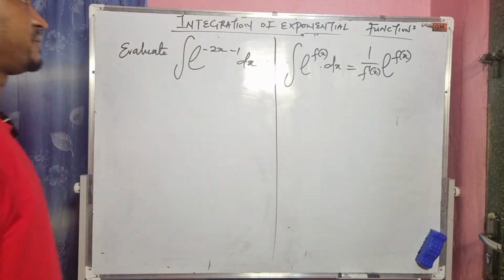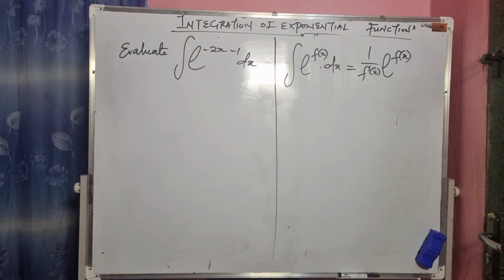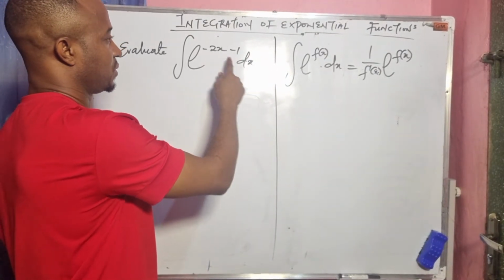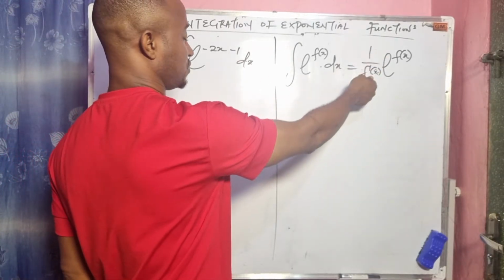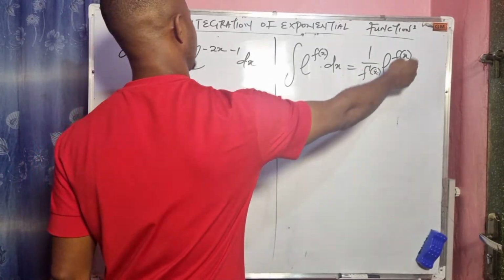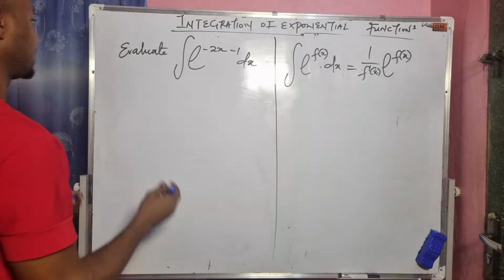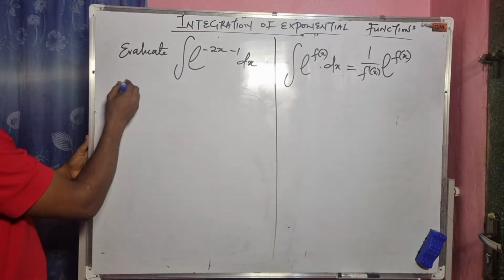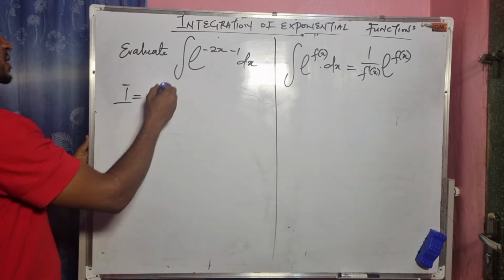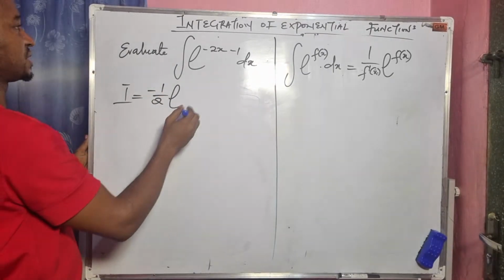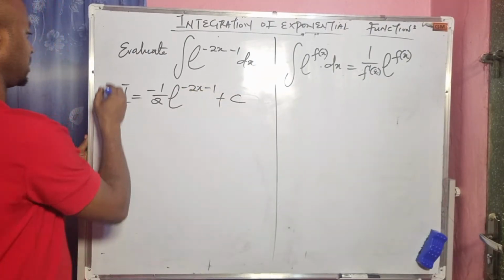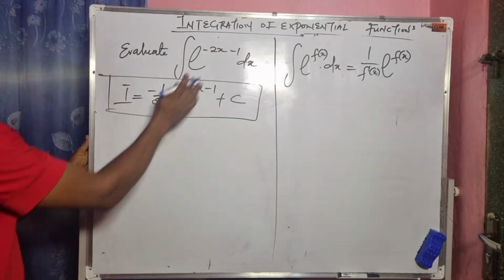So I will differentiate this, and that will give us minus 2. So we have 1 over minus 2 exponential this. The result using this rule gives us our integral equals minus 1 over 2 exponential minus 2x minus 1 plus c. This should be the result, right? But let's verify and see.